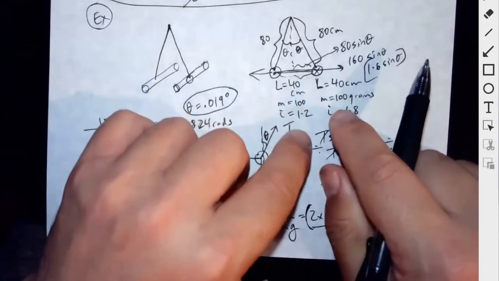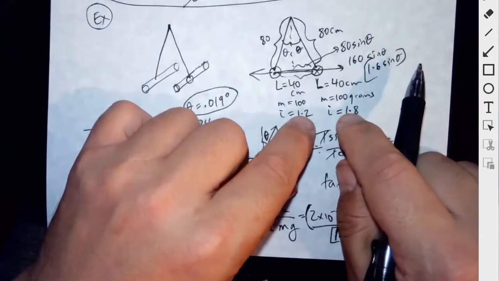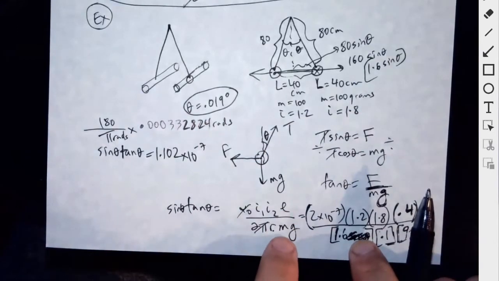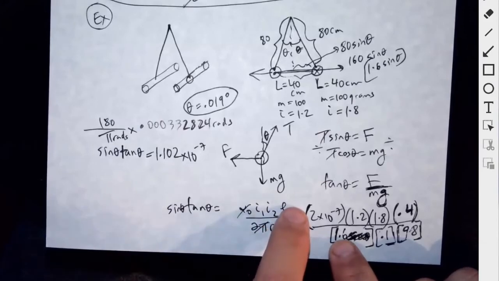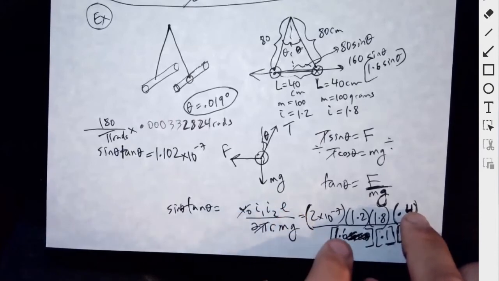In order to make it a lot bigger angle, what do we need to do? Do we need to make the currents bigger? Let's see here. We need to make the currents bigger. Maybe make the lengths of the wire, no, you know what? If we change the lengths of the wire at all, we're going to increase this, but we're also going to increase this, the distance between them.